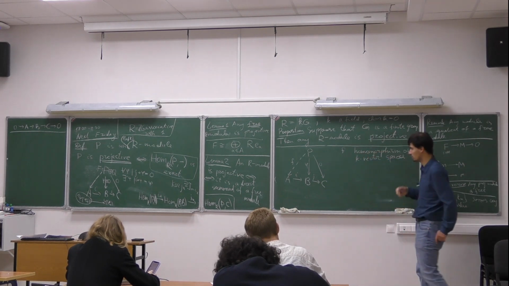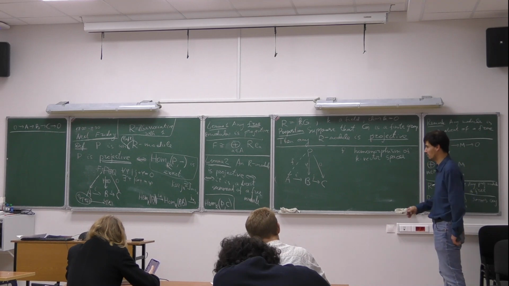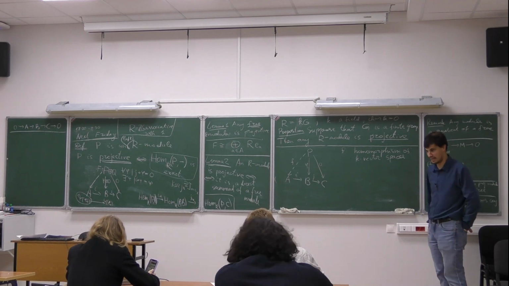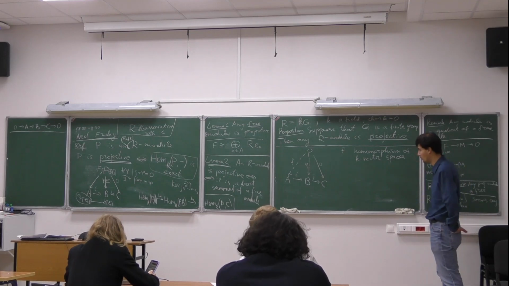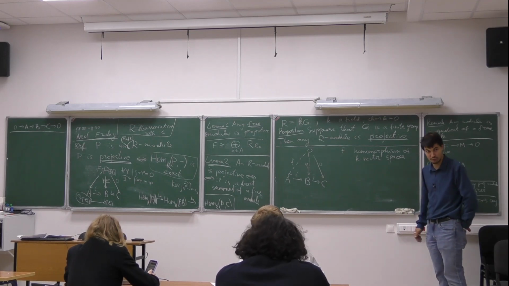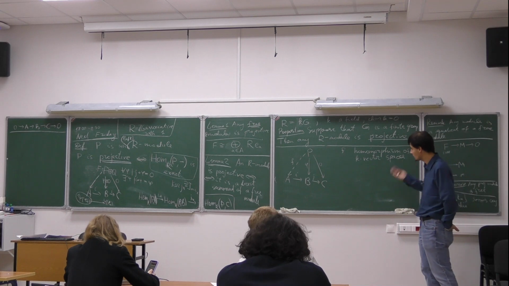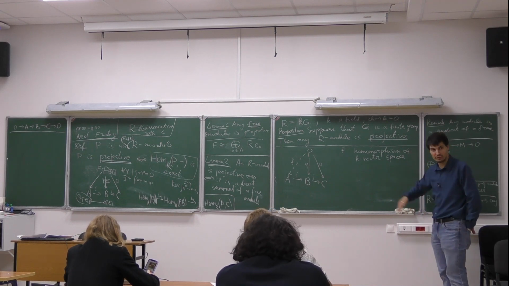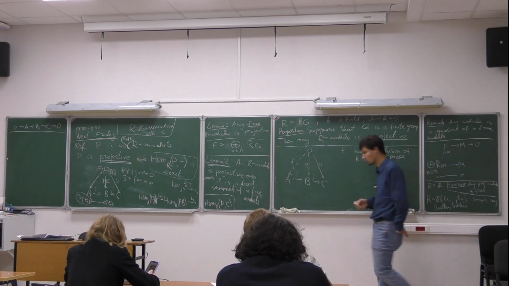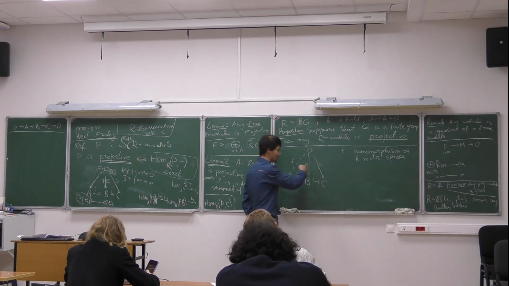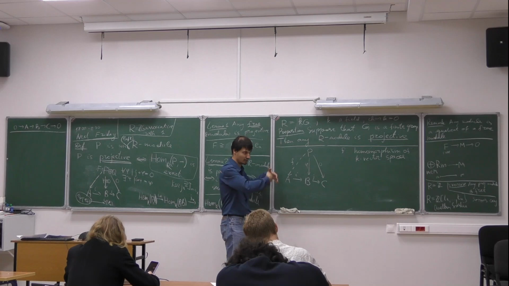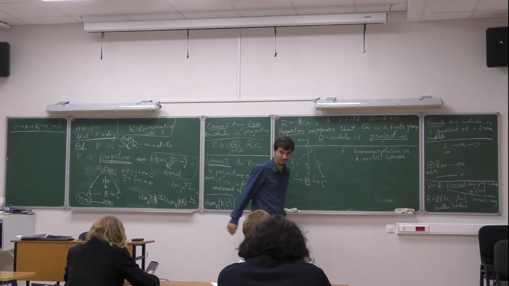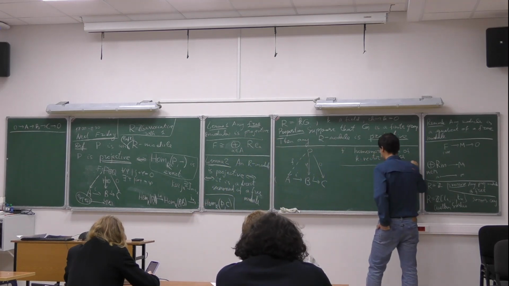Now I would like to construct a homomorphism of R modules with the same property, and it is made by easy averaging over the group G. For this F, I can act by the elements of the group G, and I can take an average.